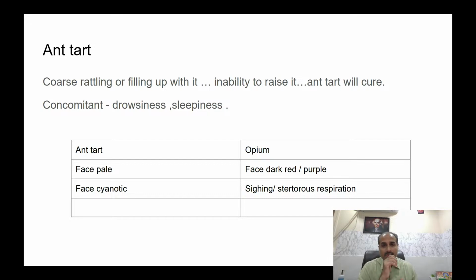In the feed, there is mention of this remedy and the rubric which I took for this particular case, and how coarse rattling was one of the key features of the case and how it helped. So I don't see any homeopath right now, or very few homeopaths, who explain these things on a platform like social media, because everyone is coming and banging every other homeopath with rubrics and remedies and rare remedies and materia medica and so on.